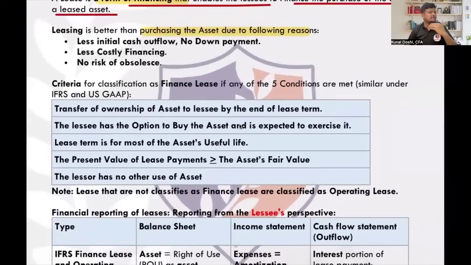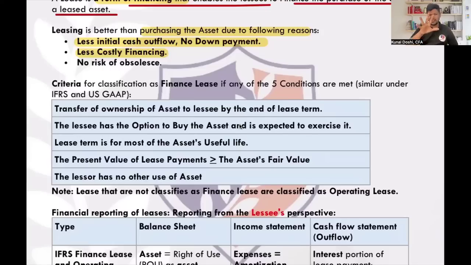Why? Because of a few reasons, like less initial cash outflow. So you don't have to make a down payment like you do when you buy the asset. Less costly financing. Yes, sometimes the cost of lease is much lower than borrowing. Now, that's not the case in every country. In some countries, the rents are much higher than the cost of borrowing, and in some countries, the cost of borrowing is much higher than the rent.